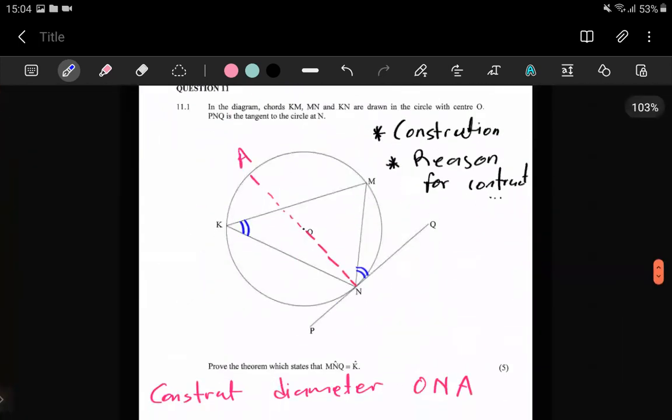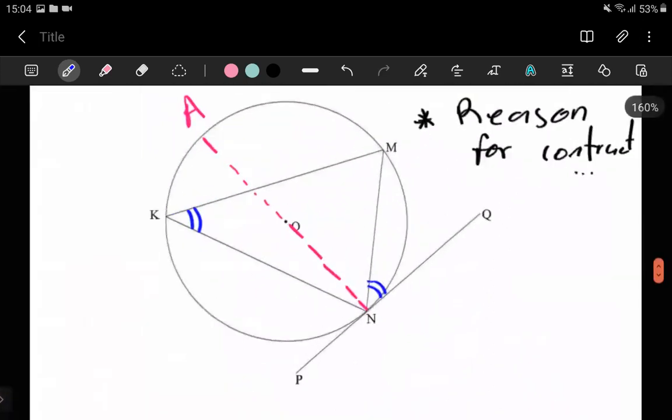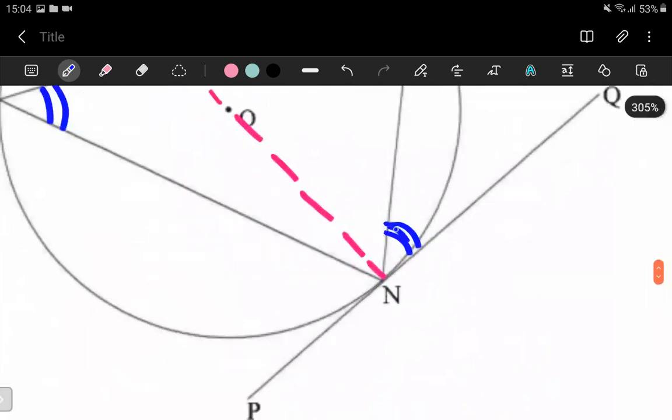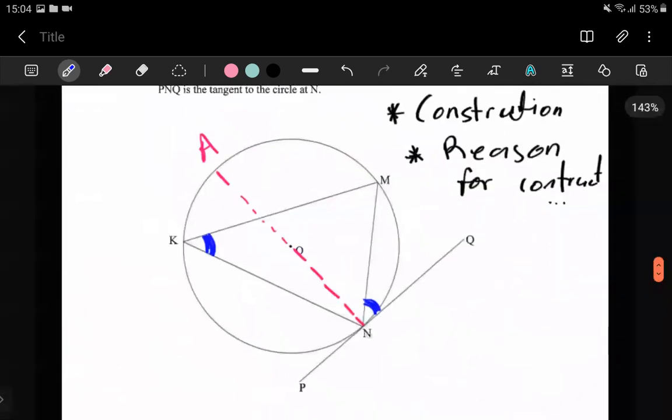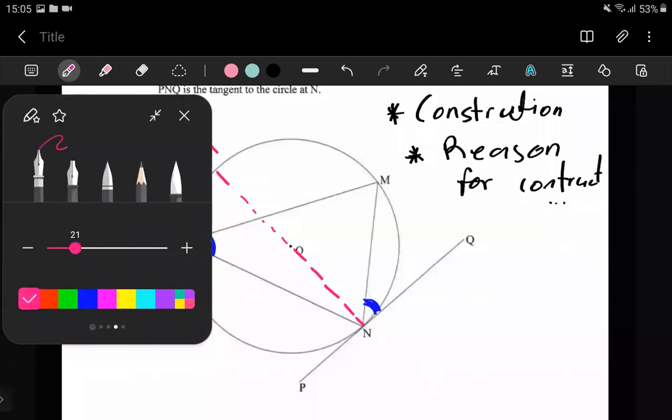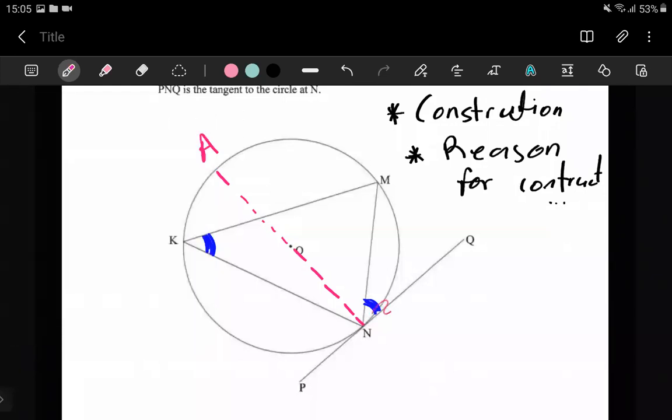So your construction needs to focus on these two angles. Your second line has to go to the angle that is equal to the one at the tangent.